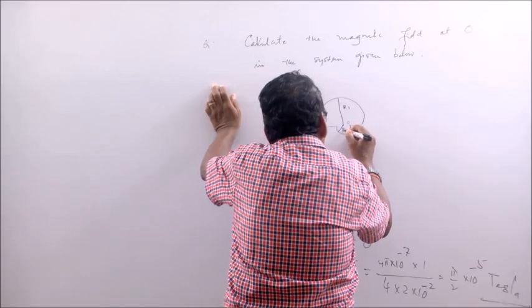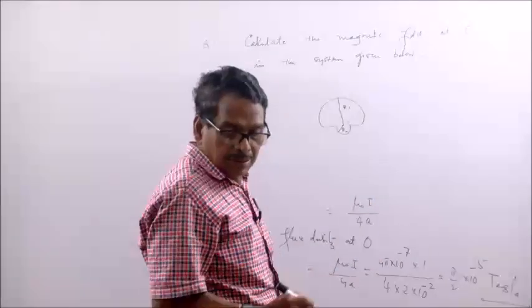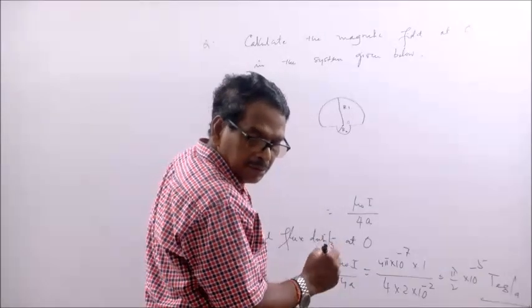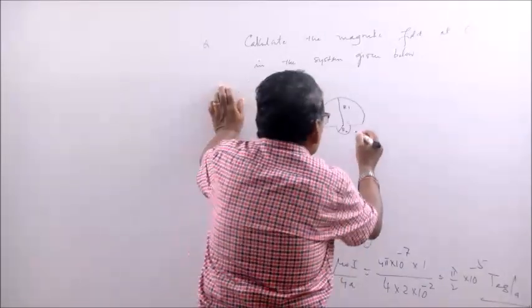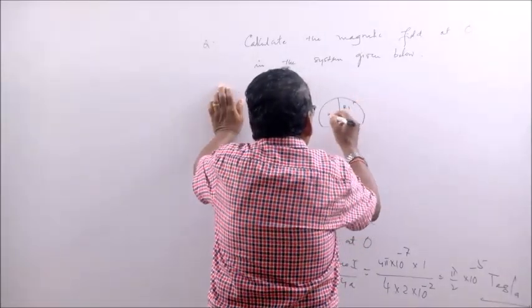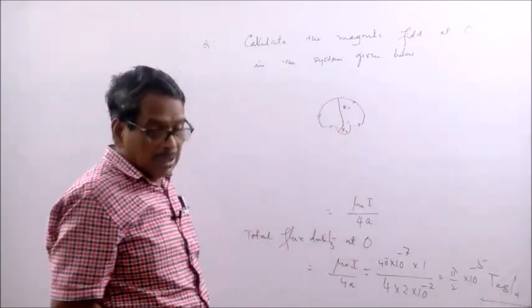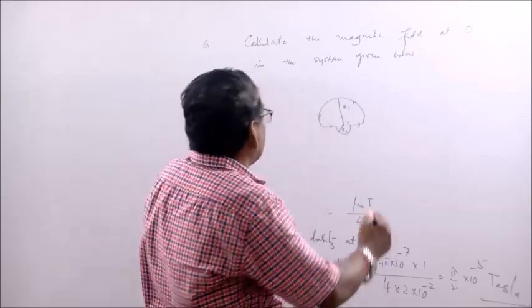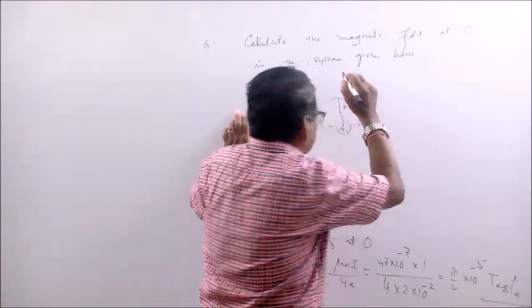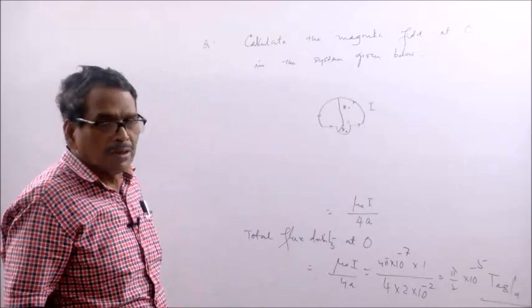This is R2. Here current is flowing through the conductor. Calculate the magnetic flux density, and the current is I. I is the current. Look at the diagram first.